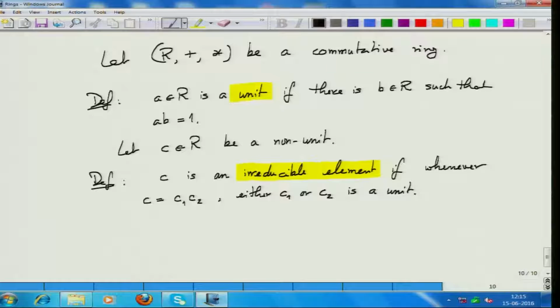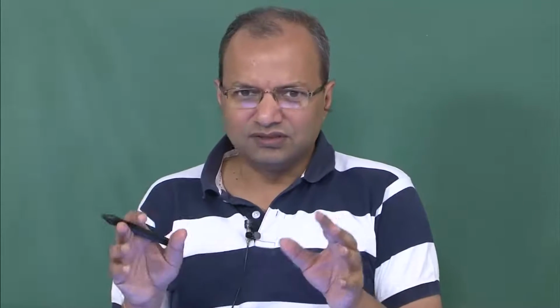The second difference is that I am not calling C a prime element. I am calling it an irreducible element. And there is a reason for it, which is that prime numbers I would like to keep associated with that unique factorization situation. As prime numbers, we also understand that every number can be uniquely factored as a product of prime numbers.